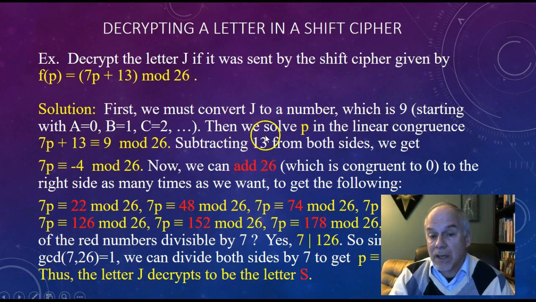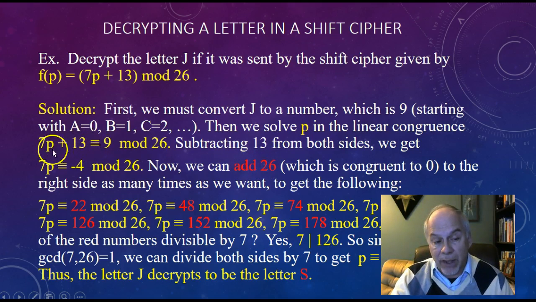All right. So then we solve for P in the linear congruence 7P plus 13 is congruent to 9. So in other words, this 7P plus 13 will give us a remainder of 9 in mod 26. Now, just like with an equation, you can subtract 13 from both sides. So that's what I did first, subtract 13, and that gives us 7P congruent to negative 4, mod 26.